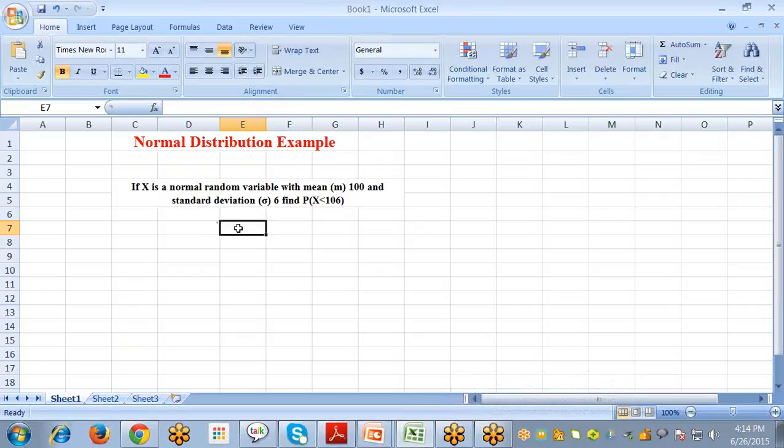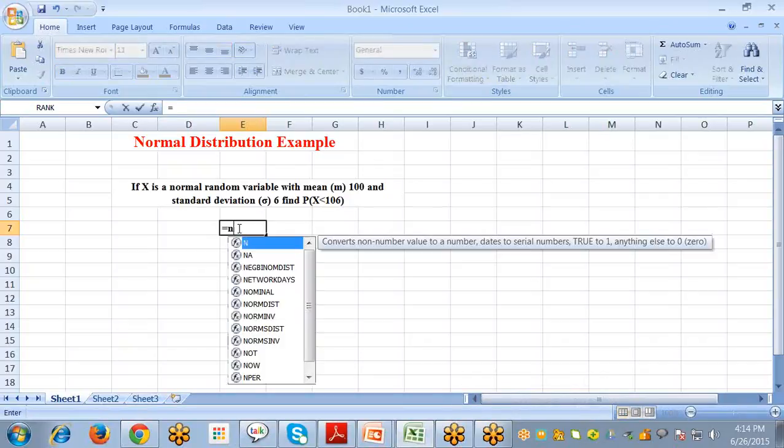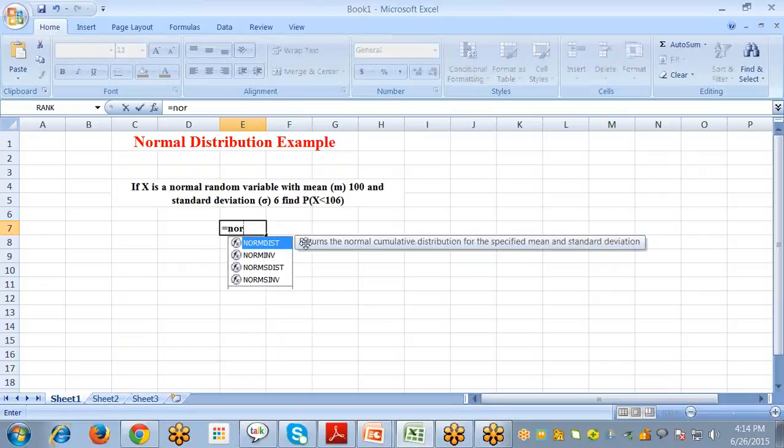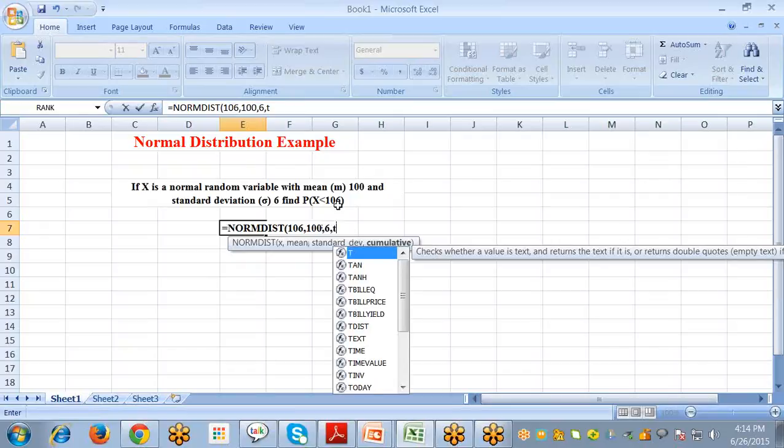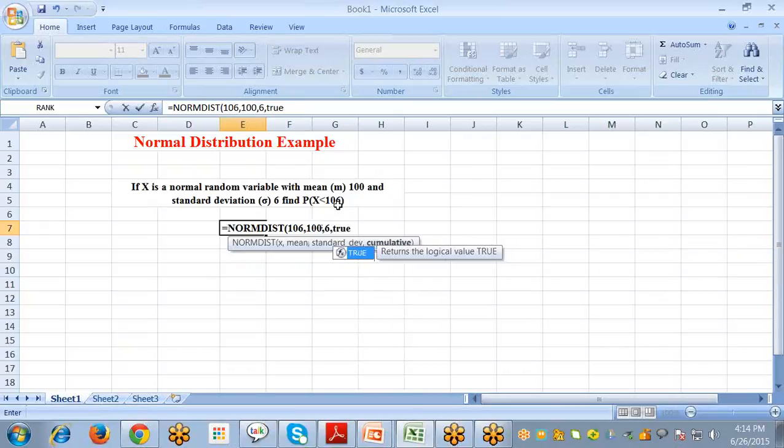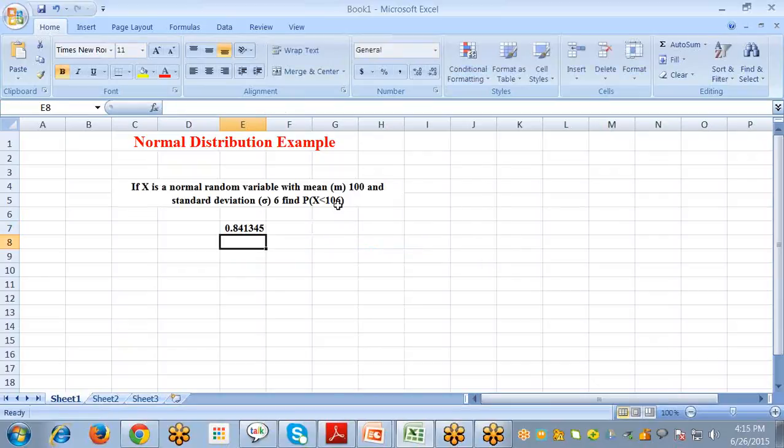To calculate the normal distribution, we just select the cell, type an equal sign, select the function NORM.DIST and pass the arguments. The x value will be 106, the mean we have given is 100 and standard deviation is 6, and because it is the second condition, cumulative will be true. Then enter. So the normal distribution will be 0.8413.